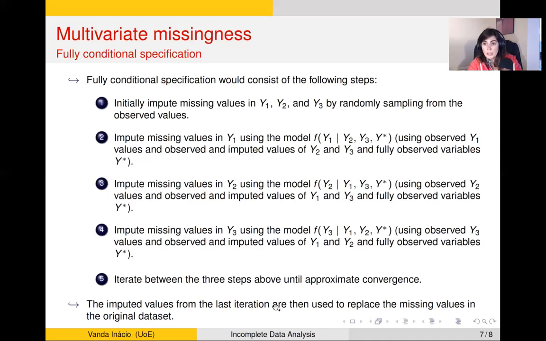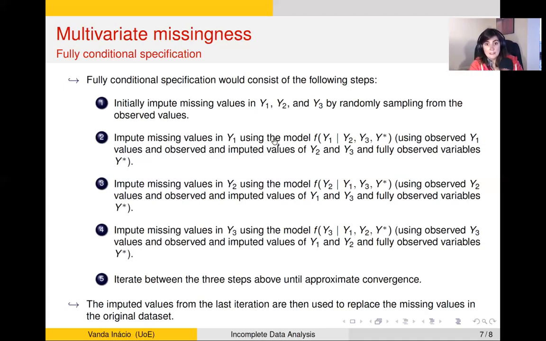Okay, so summarizing, for the joint model, we specify a multivariate model for the variables that have missing values, and for the fully conditional specification, also known as multiple imputation by chained equations, because we do a kind of chain over the different models, I specify a univariate model for each of the variables that contain missing values, and the models are conditional on the fully observed variables and also on the variables that have missing values.